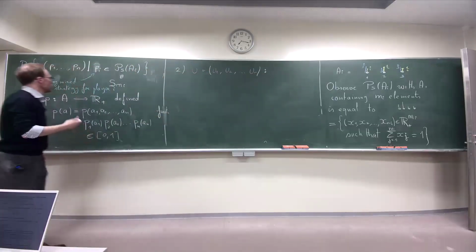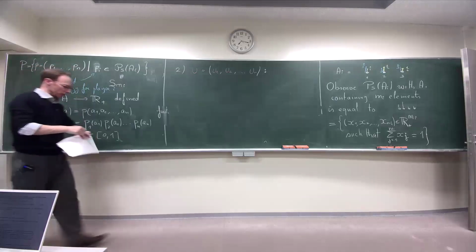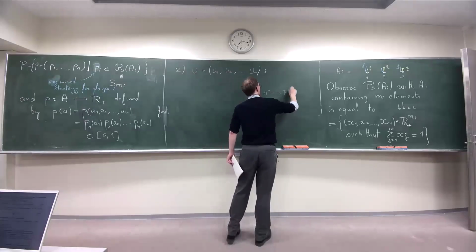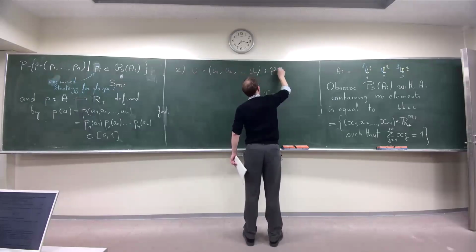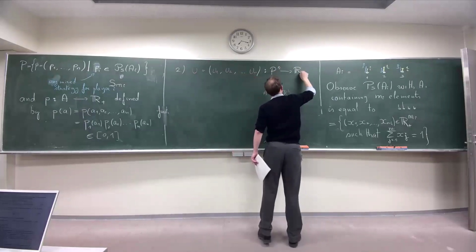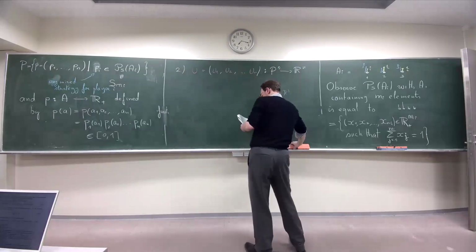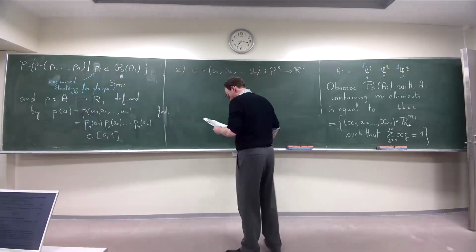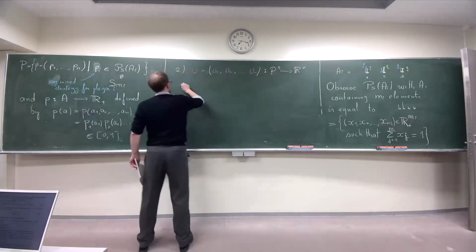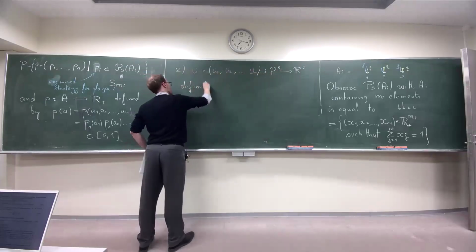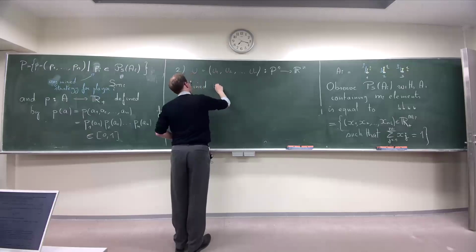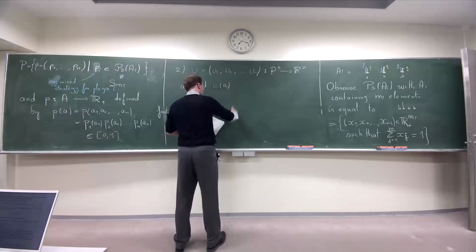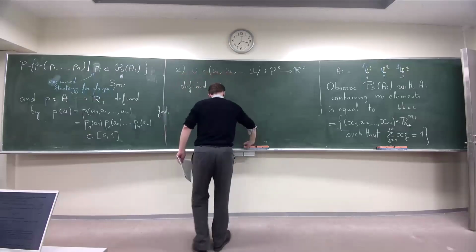Before, the U had also n components. Before it was from An to Rn. Now A is replaced by P: Pn to Rn. And it's defined by, yes, U entry i on a P.